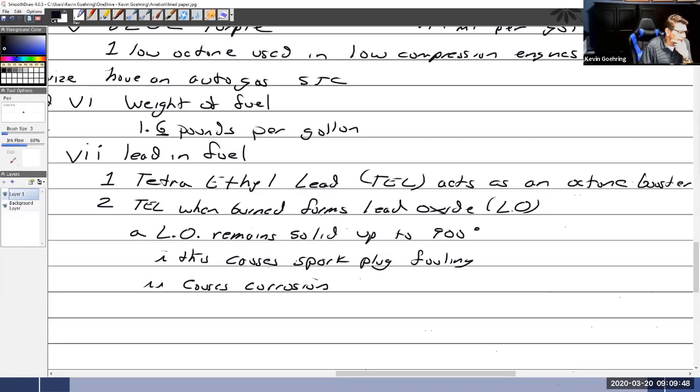So that's a bad thing. In fact, the Cessna 152s, they have the Lycoming engine. They actually use a completely different style of spark plug because it's so bad. And Lycoming came out with a service instruction, which I follow even though I have a Continental.